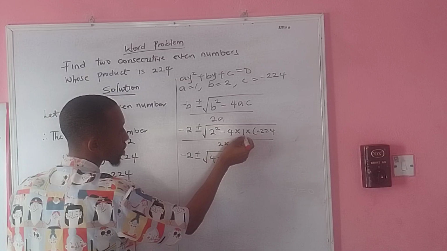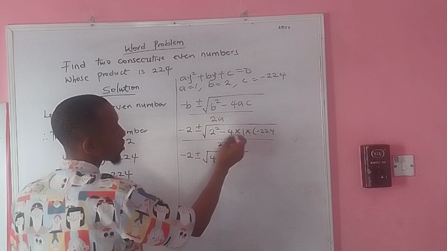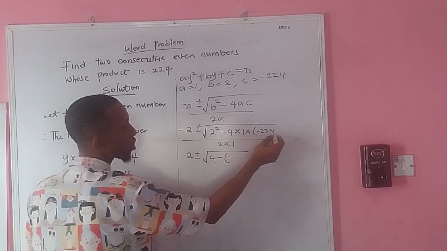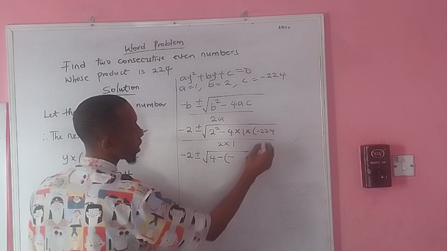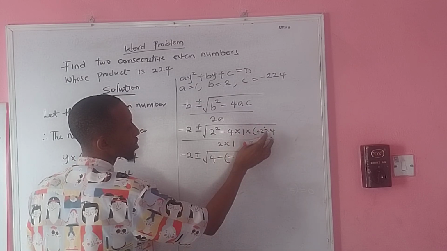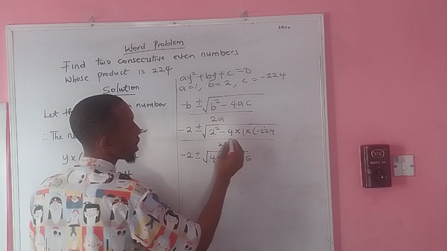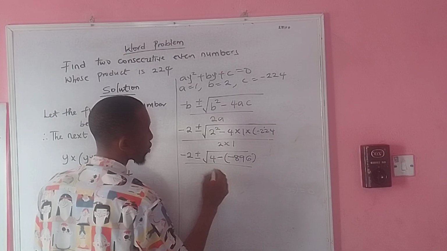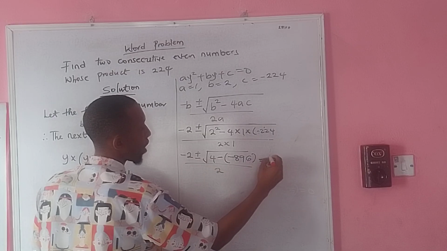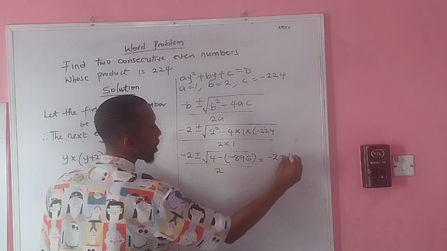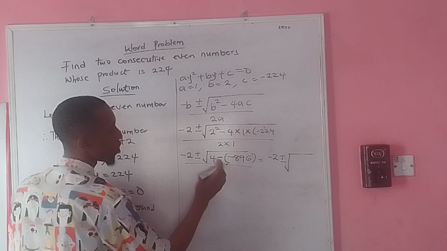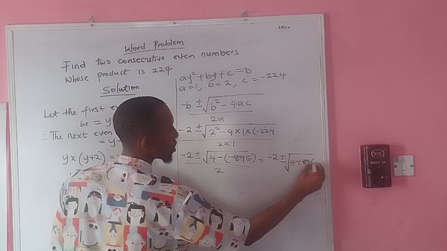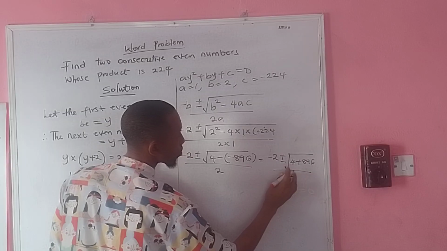I have a positive 4 times a positive 1 is a positive 4. So a positive 1 and a negative 224, plus and minus is minus. So 4 times 224 is 896: 4 times 4 is 16, you write 6, you carry 1. 4 times 2 is 8 plus 1 is 9, and 4 times 2 is 8. All over 2 times 1 is 2. So I have minus 2 plus or minus the square root of minus and minus is plus, so I have 4 plus 896 all over 2.